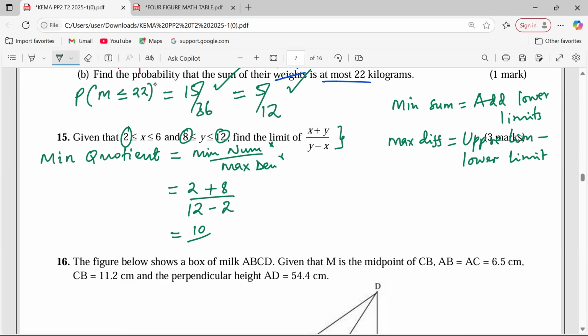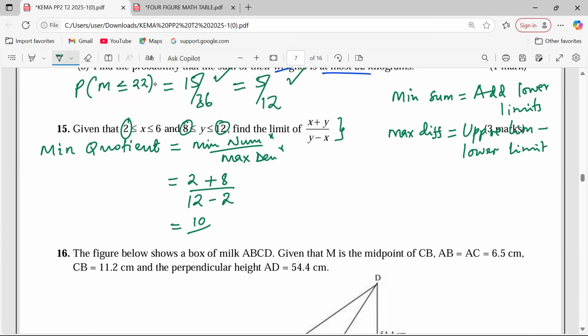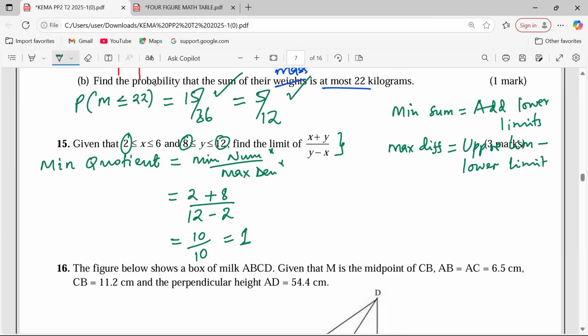When we take the upper limit in y, which is 12, and we subtract the least value of x, which is 2, then we get the maximum difference. So the maximum difference in this case is going to be 10. So I'm getting 1 in this case.